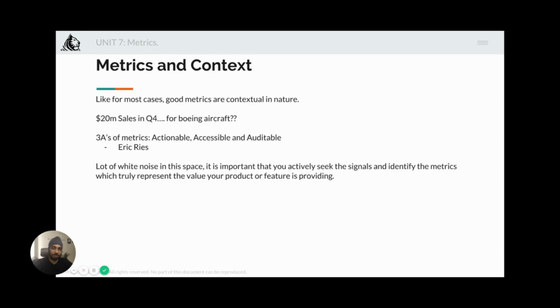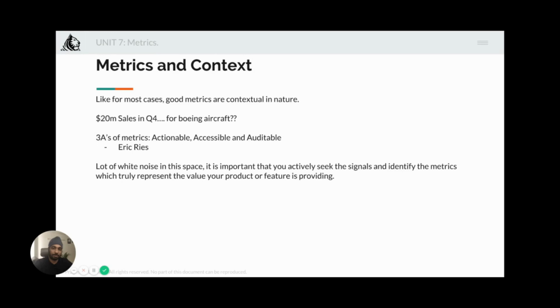The three A's of metrics, which you can use to gauge whether your metric is good or bad: actionable, accessible, and auditable. Actionable: as soon as you hear about that number, that metric, you're able to take action on it. Accessible: it is easy to access, it's easy to derive. It should not take 3 days to just get the number out, right?